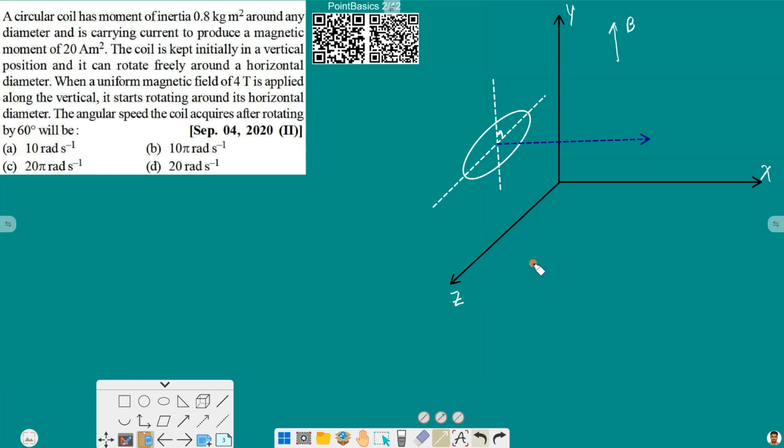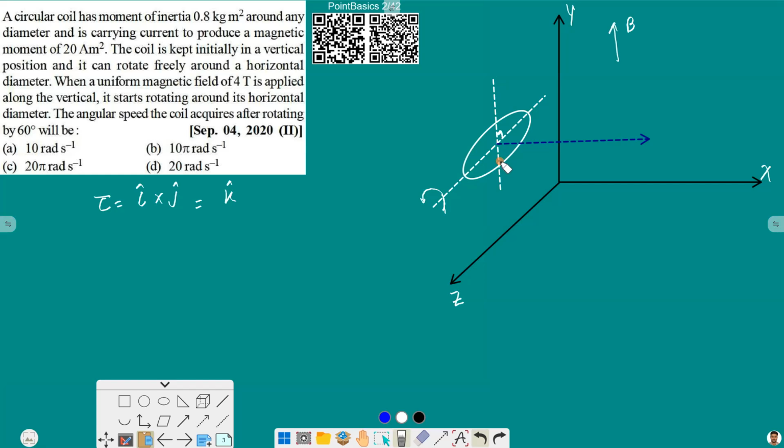So let's now find out about which axis torque will be acting in this configuration. Torque will be m cross b, and we only want to find the direction. So direction of m is in the x, so i, and direction of magnetic field in the z or y, so it will be k. So in this configuration, torque will be acting along the z axis, so we assume that it will take rotation like this.